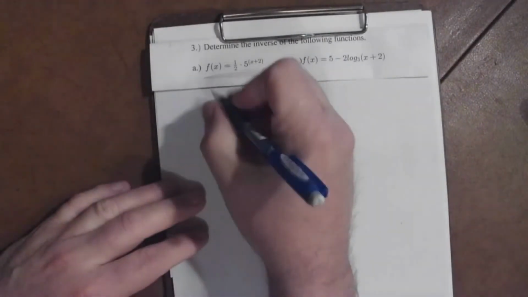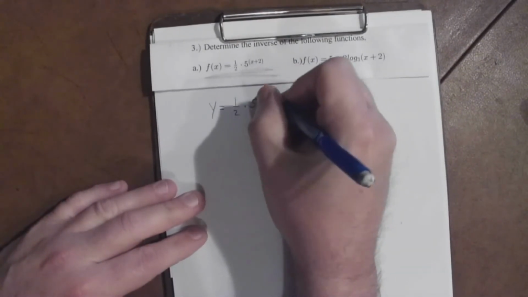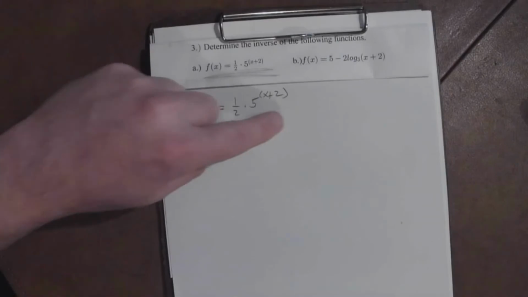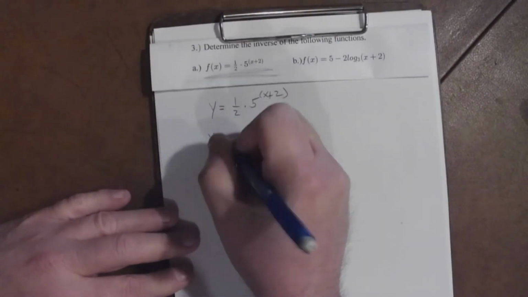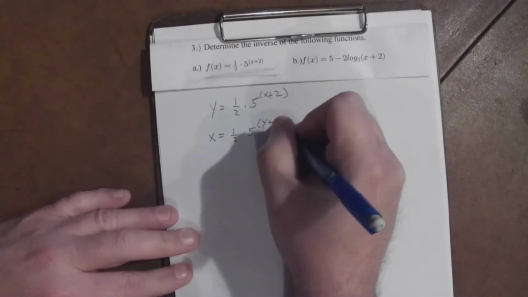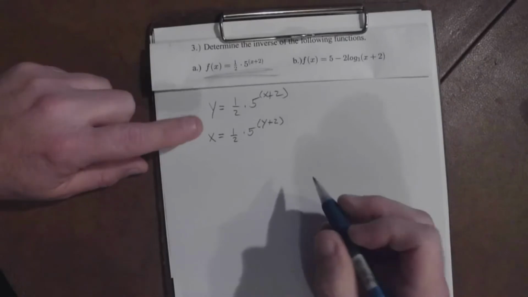All right. As we know, y would be equal to 1/2 times 5 raised to the power of x plus 2. We then swap the locations of x and y. X must be equal to 1/2 times 5 raised to the power of y plus 2. And now we must solve for y.